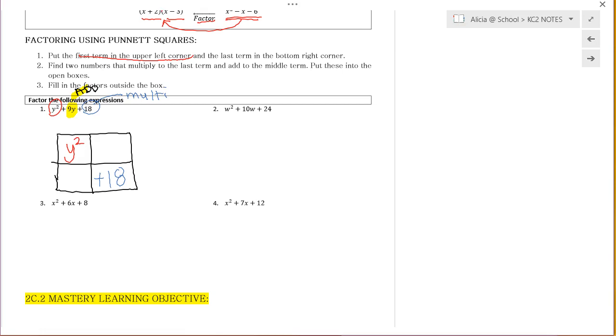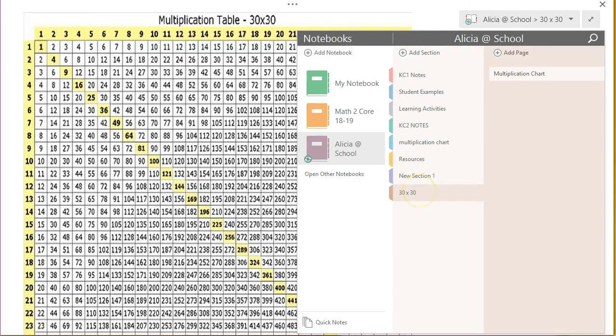So what we want to do here is make sure you use your multiplication chart. If you don't have that, you should still have it from the last unit. We're still using that, and what we want to do is multiply to 18. So I want to look at my factor chart at all the places that I see an 18.